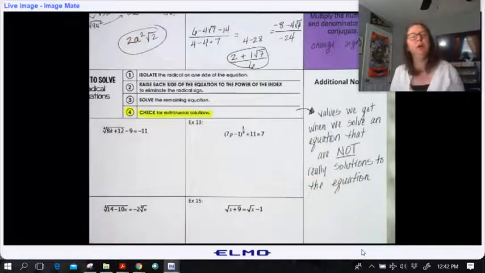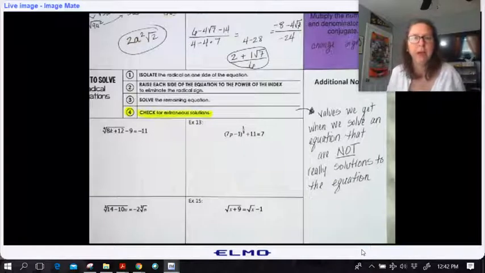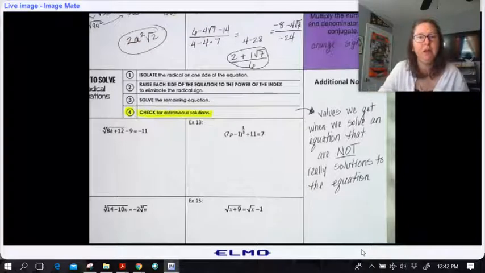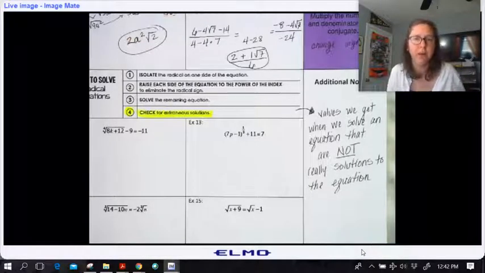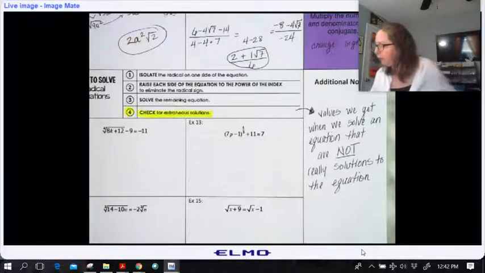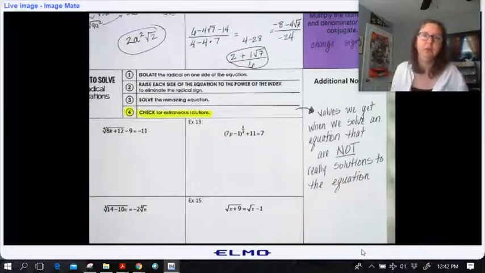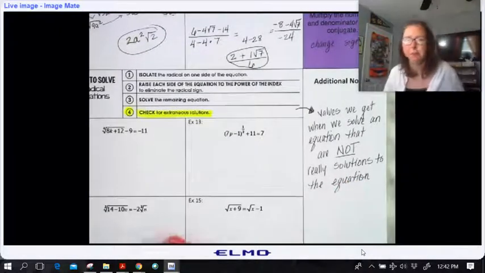It is when we solve an equation and we do all of our algebra correctly, we follow all the rules, but then the answer that we get, if we plug it back into the original equation, doesn't actually satisfy the equation. And we're definitely going to look at 2 of those. So extraneous solutions is what we need to check for.